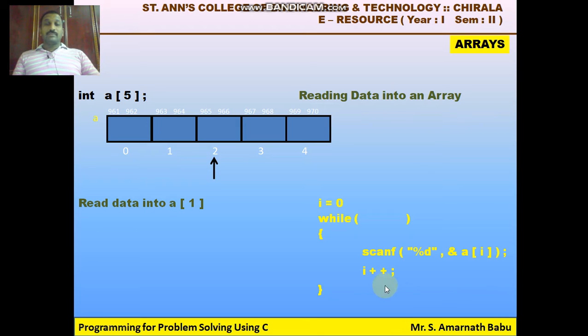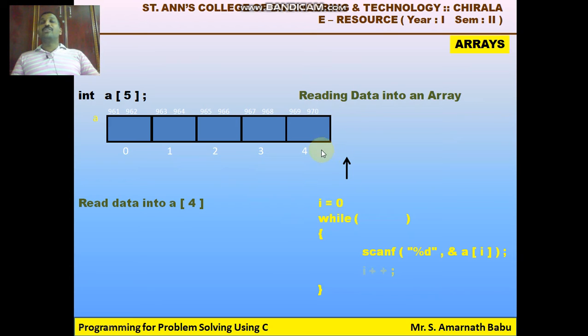Here I is incremented, again we go back and read data into a of 2 using scanf once again, and after that move the iterator to 3. So I is again incremented. Again go back, repeat the same operation, read the data into a of 3, increment I to the next location, read data into a of 4, and then increment I.